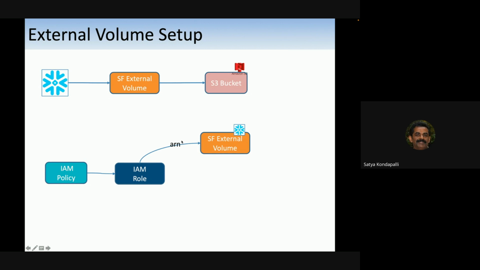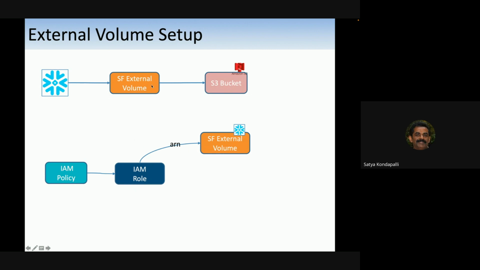Whenever you create a role, AWS creates an ARN. Then you tell Snowflake, there is an S3 bucket and I have a role, and you connect that S3 bucket through this role.